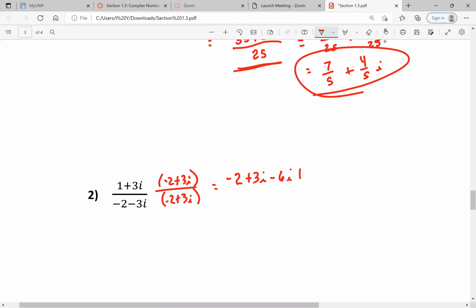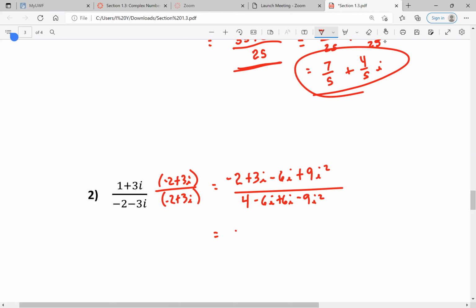And 3i times 3i, which is 9i squared. Doing our denominator, -2 times -2 is 4. -2 times 3i is minus 6i. -3i times -2 is plus 6i. And -3i times 3i is minus 9i squared.